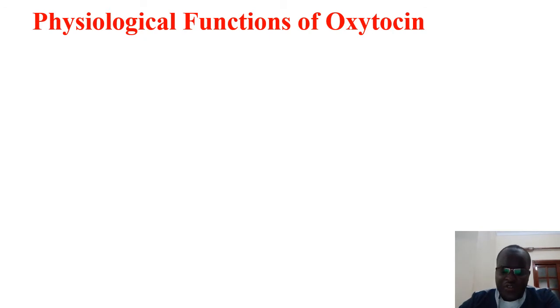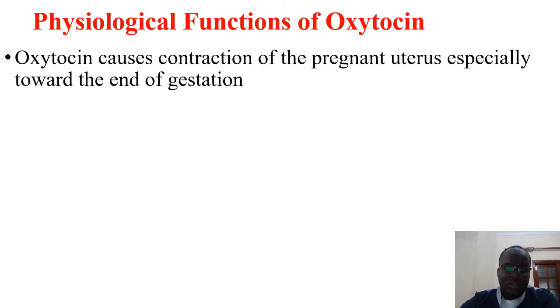The physiological functions of oxytocin. To some extent we've already discussed this, but I'm just adding more information for students to appreciate more. Oxytocin causes contraction of the pregnant uterus, especially towards the end of gestation.